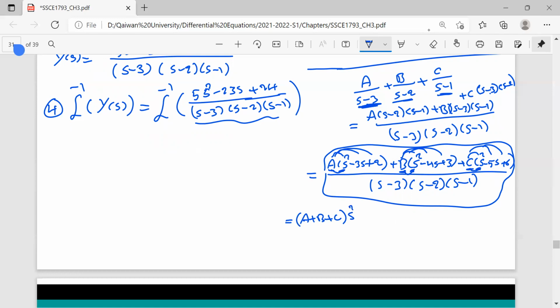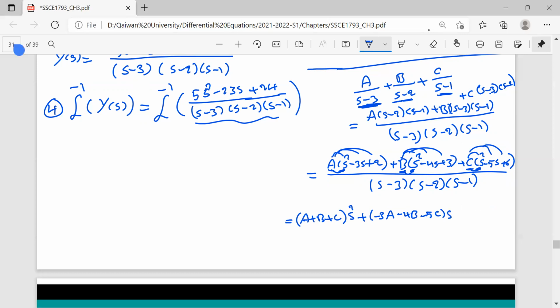Then when we multiply each of the constants to the second term, we take s as the common factor: minus 3a minus 4b minus 5c times s. Then for the third terms, a times 2 is 2a, b times 3 is 3b, and c times 6 is 6c.